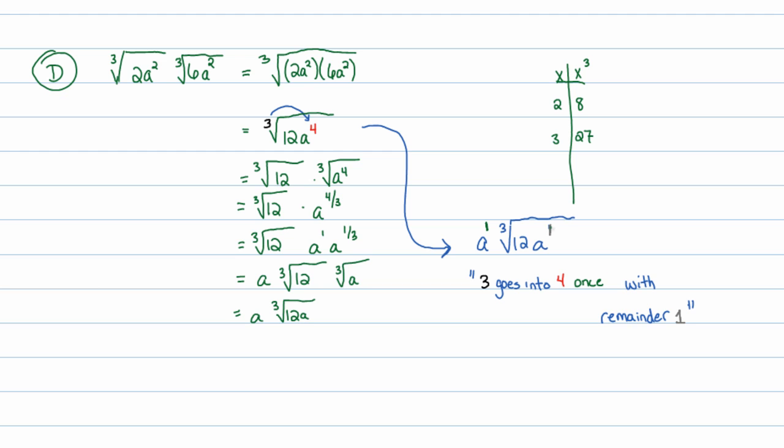So the remainder power goes on the inside. I'll use both these methods throughout the rest of the example so that you can see how speedy that method is. Because that really skipped 1, 2, 3, 4 extra steps. So we just ended up with a times the cube root of 12a really quickly.